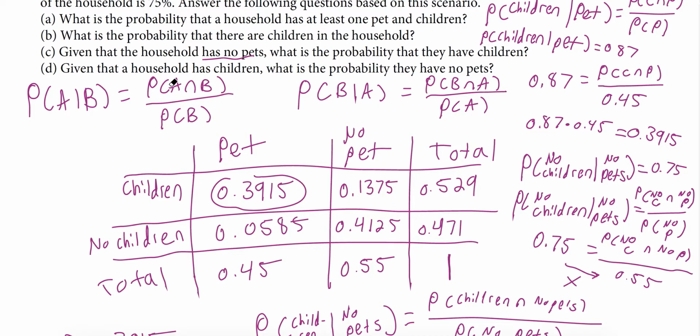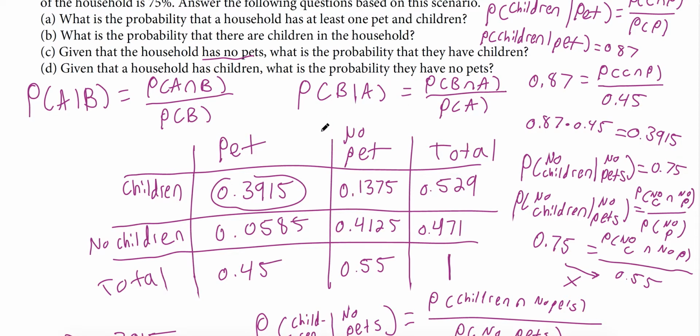We are changing what the event is. So in this formula, we are dividing by B, and in this formula, we're dividing by A. That is why in C, we divided by pets because it's given, and in D, we're going to divide by children because that's what's given, and that's what's going to give us a different value when we solve for the probability of them having no pets.